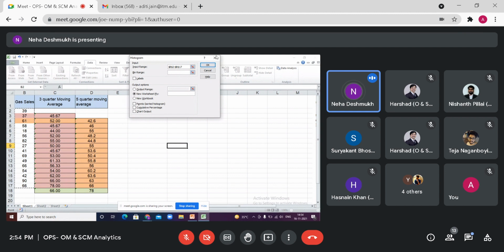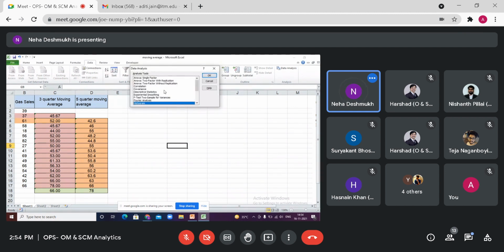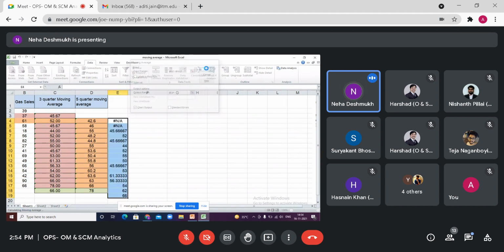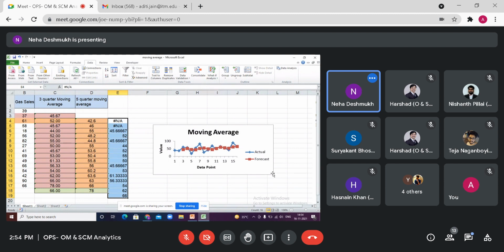Sorry, not a histogram, moving average. This is the input range, quarter 3, then the output range, and chart output is here, right? And okay.